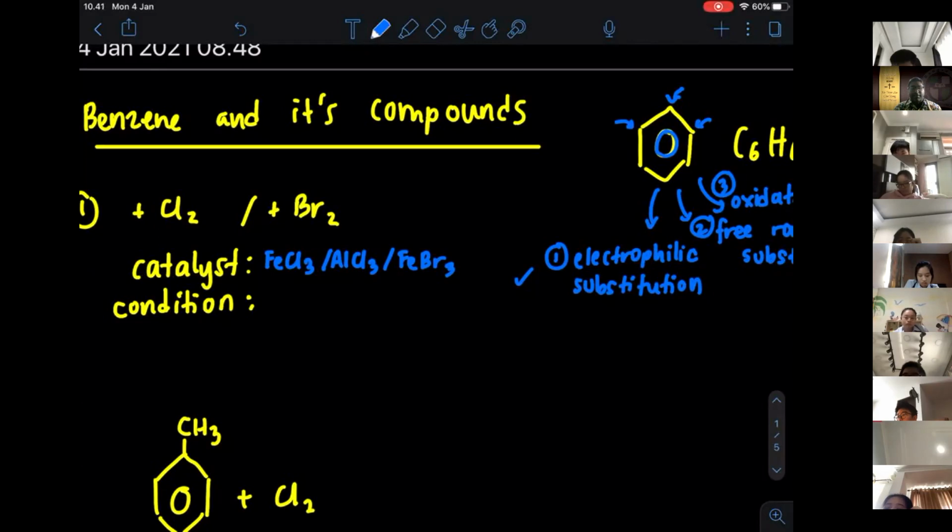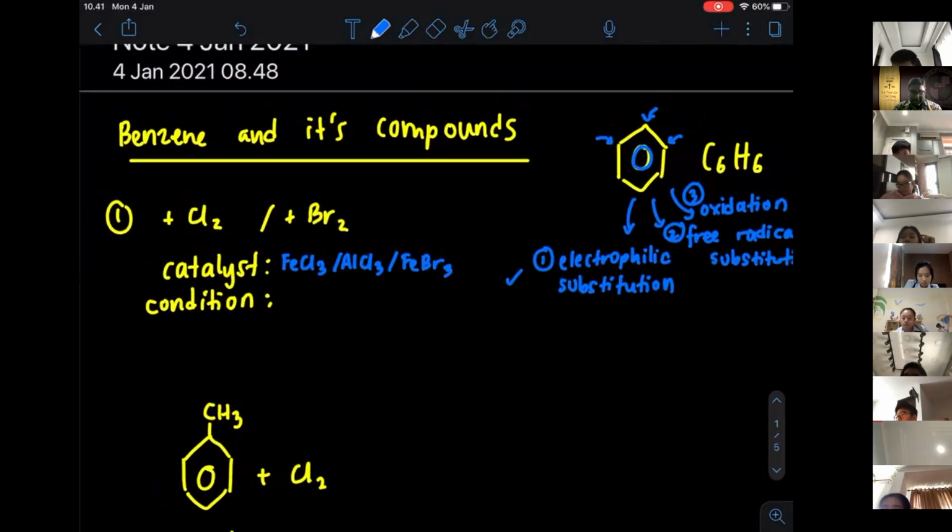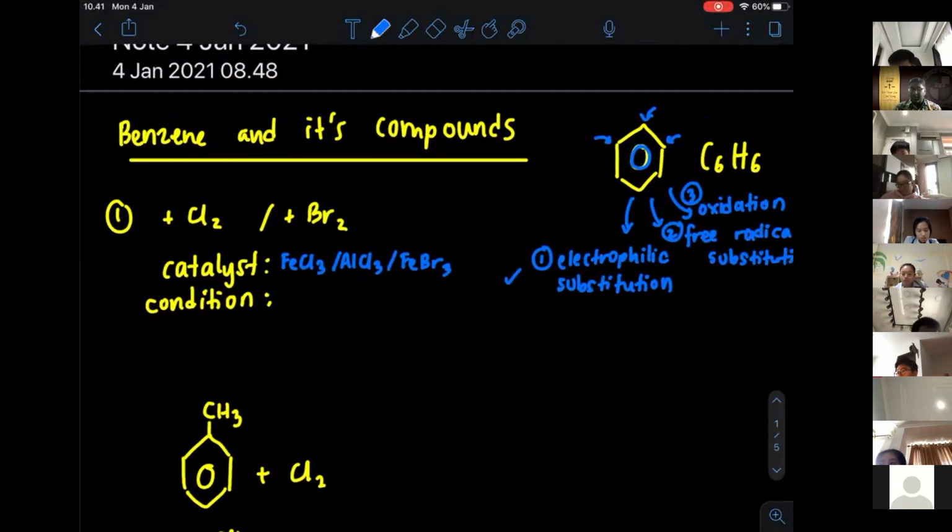So what is the condition required for this? Victoria, is there any specific condition that you require for benzene reacting with Cl2 and Br2, or is it room temperature? Do you need to heat? Do you need to reflux?